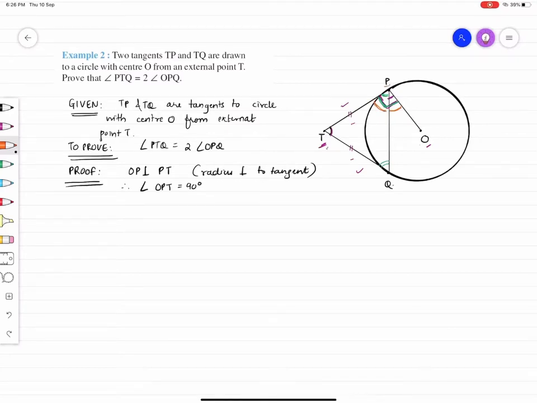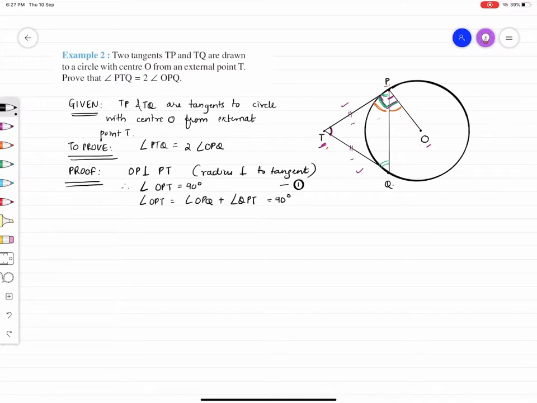This angle. So it's an addition of this and this angle. So can I express angle OPT as a sum of both the angles? Yes, I can say that OPT is equal to OPQ plus angle QPT, and it is equal to 90 degrees, which we have already seen. We can also label this as 1.